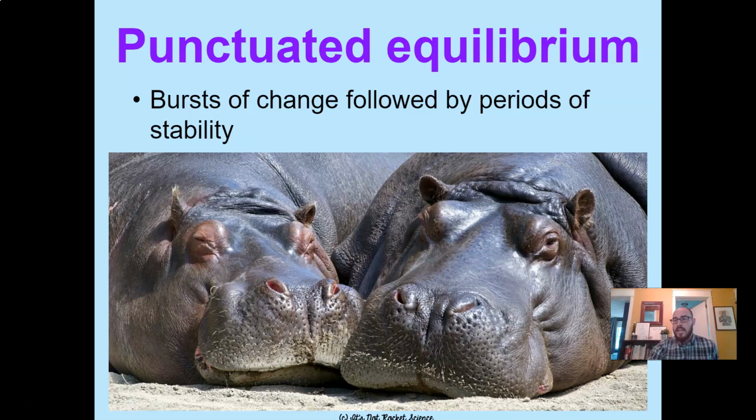So anyway, going to the human story side of this, some people really, really hate the idea of punctuated equilibrium and don't like it at all, even though there's really good fossil evidence for it.